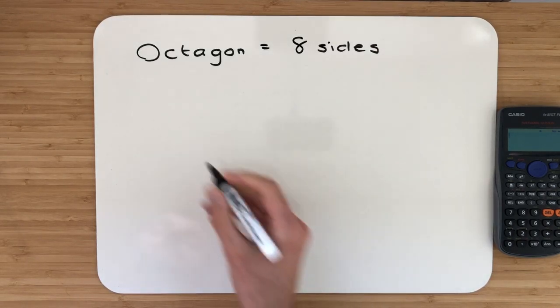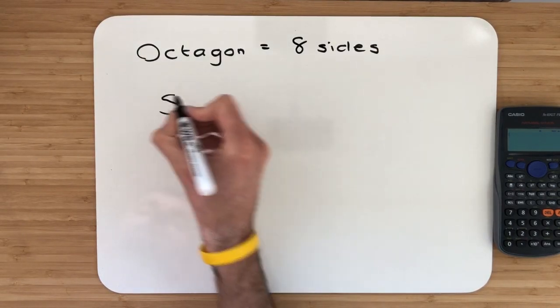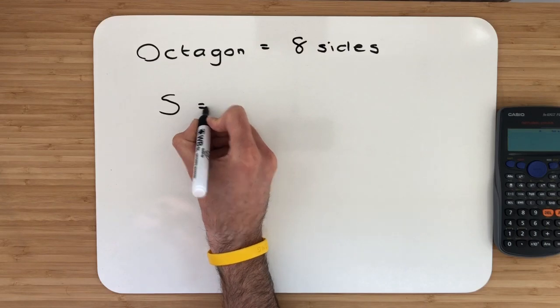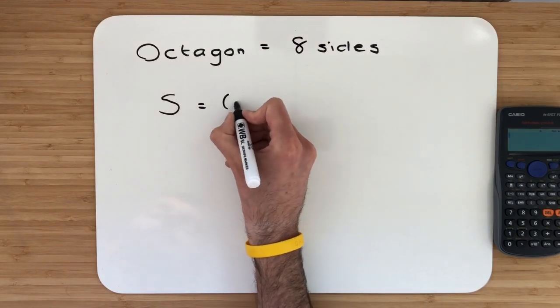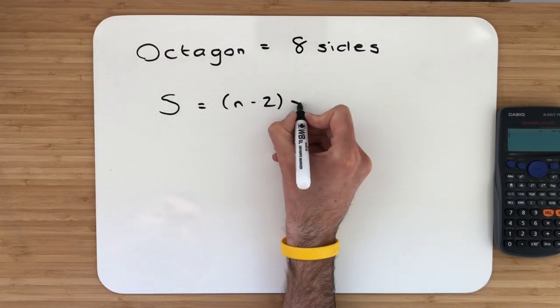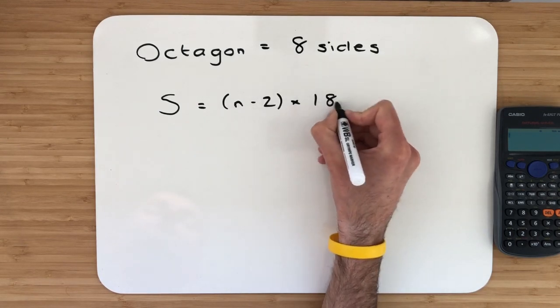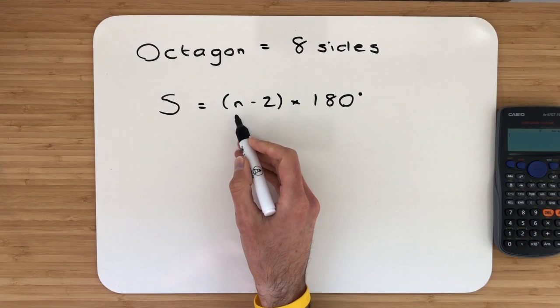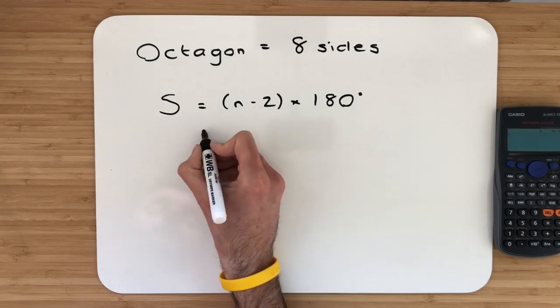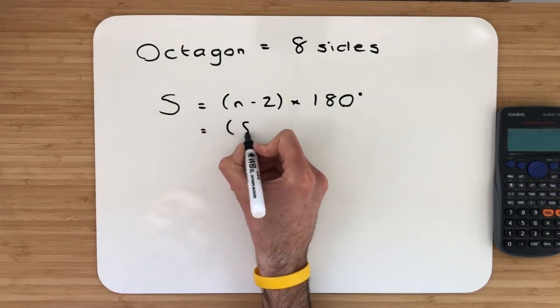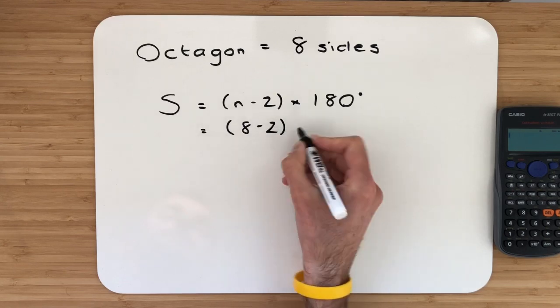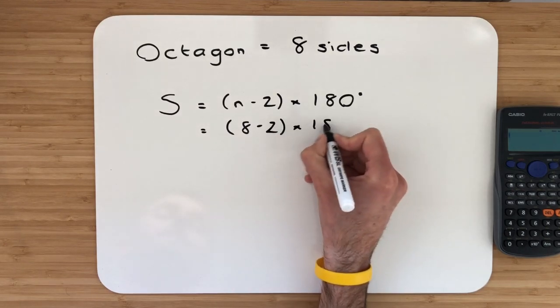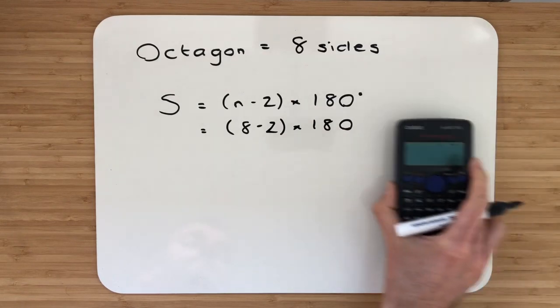To find the sum of the interior angles, we're going to use our formula. So we'll get S for sum, and that is equal to (n - 2) multiplied by 180 degrees. Now in this formula, n simply stands for the number of sides. So in an octagon, we're going to have (8 - 2) multiplied by 180.